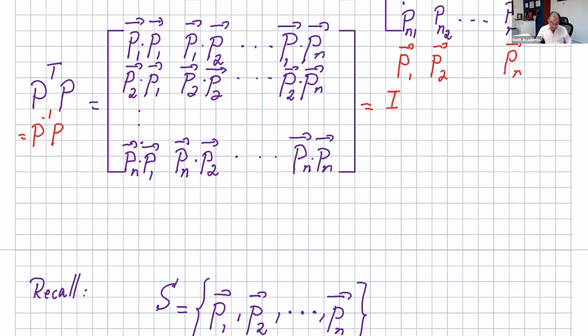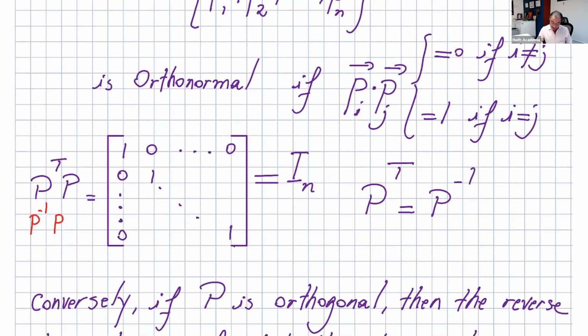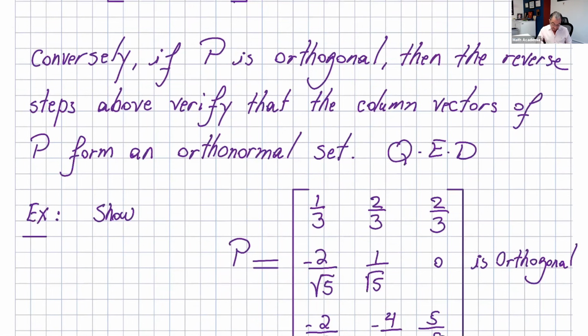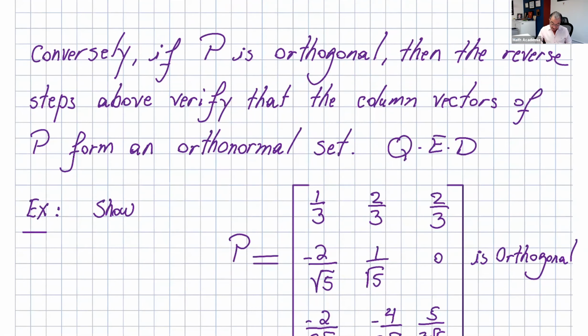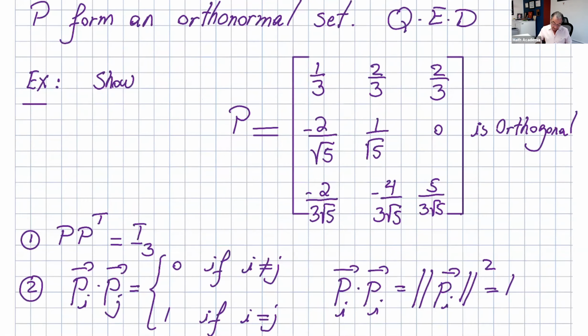So conversely, if P is orthogonal, then the reverse steps above verify that the column vectors of P form an orthonormal set. What do I mean by that? If you take this matrix, this is an orthogonal matrix, we already know.